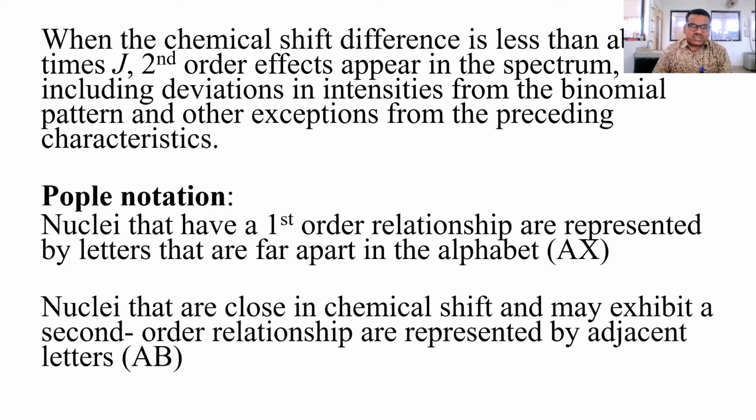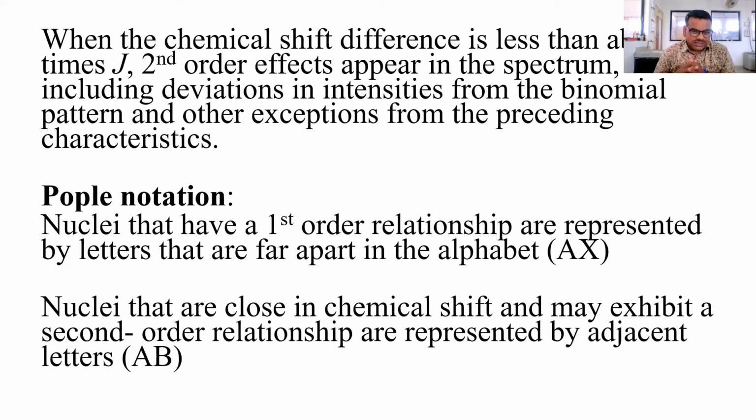And other deviations from the preceding characteristics. One more point is called Pople notation, P-O-P-L-E. Nuclei that have a first order relationship are represented by letters that are far apart in the alphabet. It is called AX.